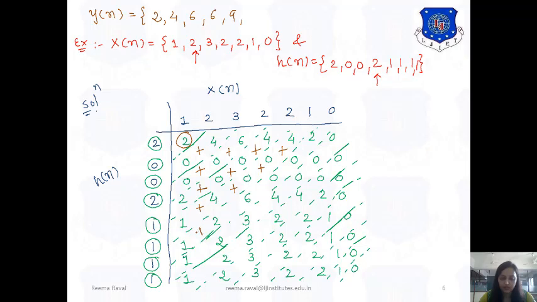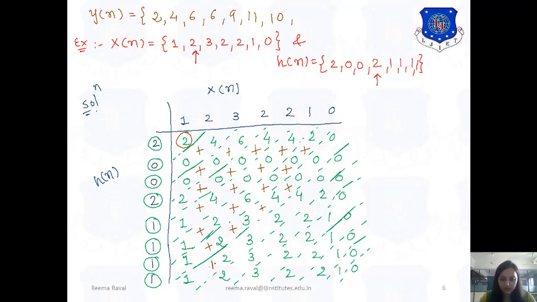Then for this, 2 plus 1 is 3, 3 plus 6 is 9, 9 plus 0 is 9, 9 plus 0, 9 plus 2, that means 11. Then in the next instant 1 plus 2 is 3, 3 plus 3 is 6, 6 plus 4 is 10, and the rest of the values are 0, so the value is 10.